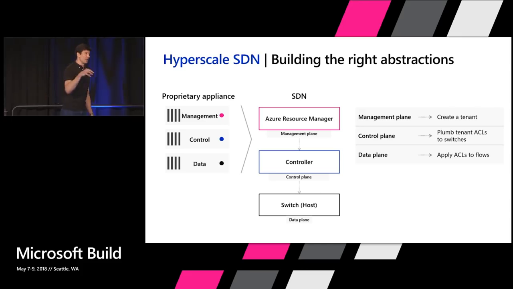And then those themselves go and program the switches, and these aren't appliances, these are the servers themselves. The switches are implemented in software on the servers. So it's a very distributed network.